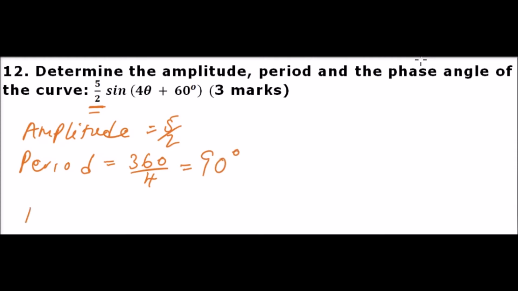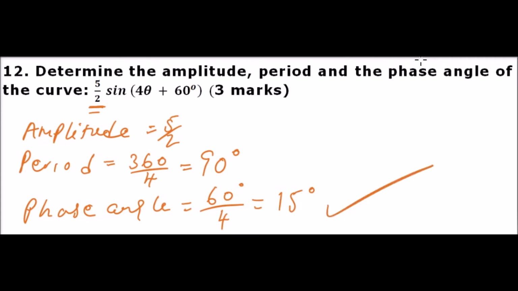Then the phase angle, the angle that we have here is 60, which is added, and to get the phase angle, we divide that angle by the constant that has been multiplied with theta. So we divide by 4, and that should give you 15 degrees. So that's how you work out that, and you get yourself 3 marks.